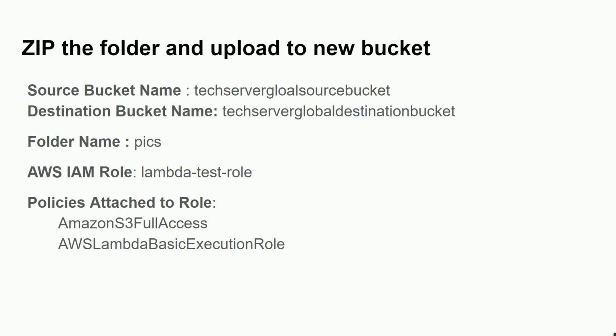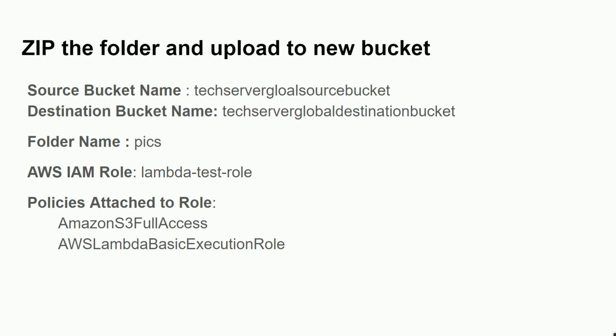IAM role. First you need to create one IAM role, which must include the permissions for whatever task you want to perform. Here we need to upload the file to the S3 bucket, so I need to create a role with AWS S3 access and AWS Lambda basic execution role.